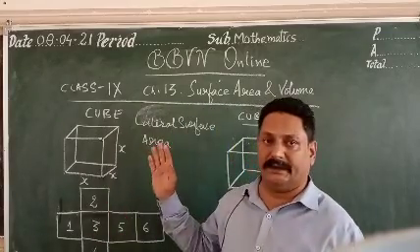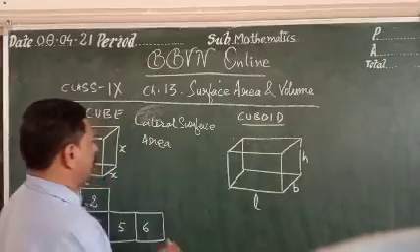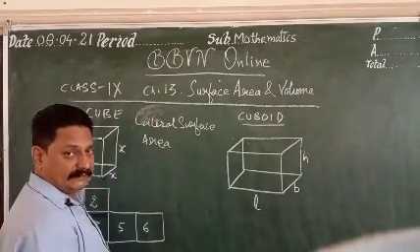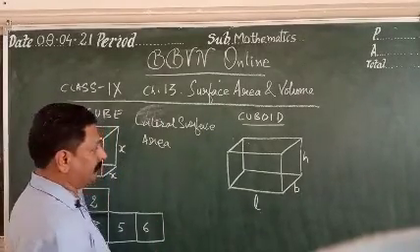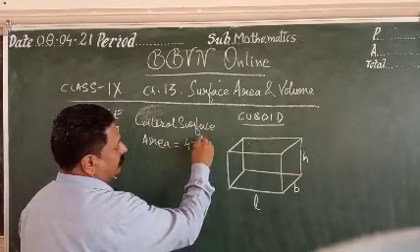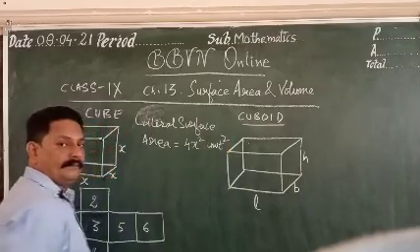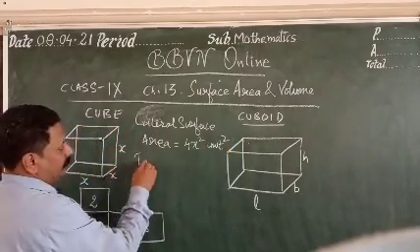So 4 walls, area of 4 walls. It's simple, it's a square. So area of one of the faces is x square, x into x, x square. Since you have 4, it will be 4x square unit square.